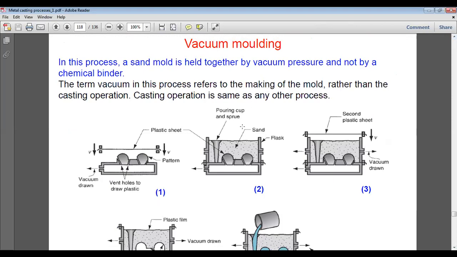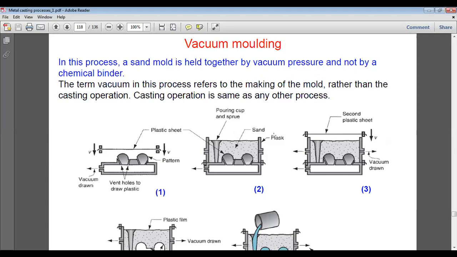The term vacuum in this process refers to the making of the mold rather than the casting operation. The casting operation is the same as in any other process.